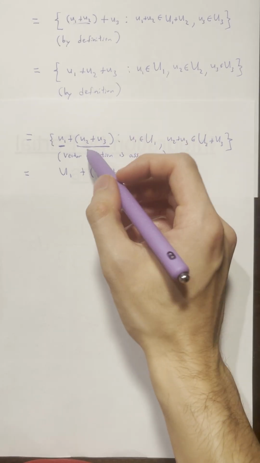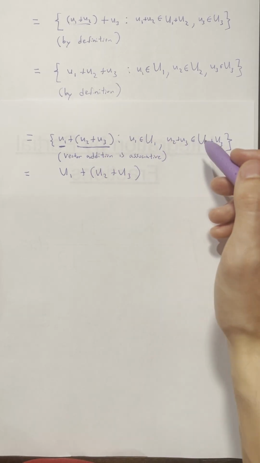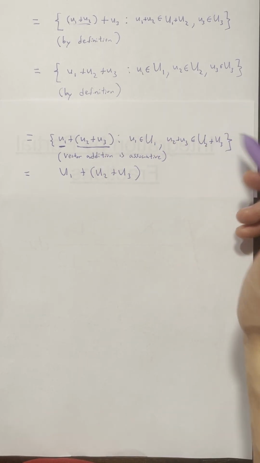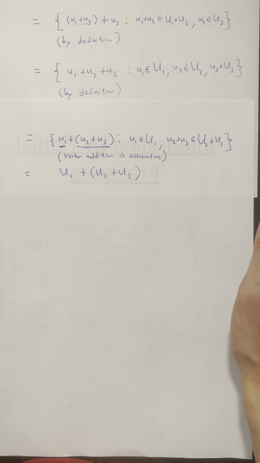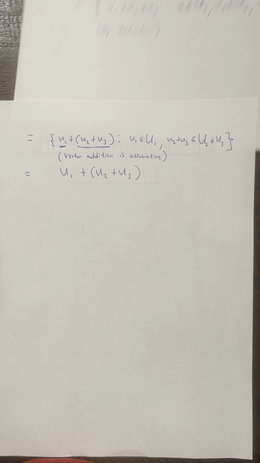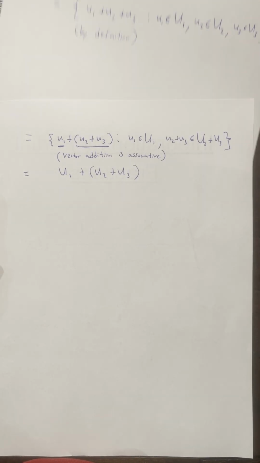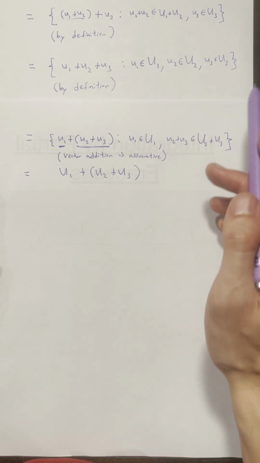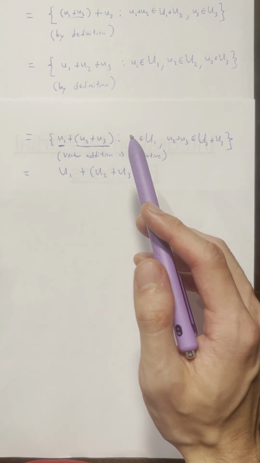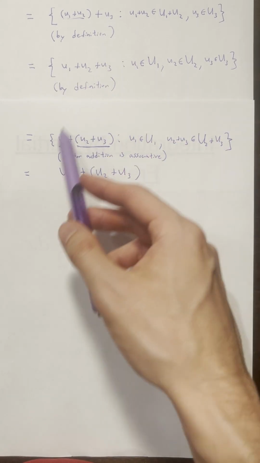We combined vectors u2 and u3, as well as vector spaces u2 and u3. Can we do that? Yes, we can if we were to plug it into the definition again. If we were to plug vector subspaces u2, u3 into the equation again, we'd be able to transition from here to here.